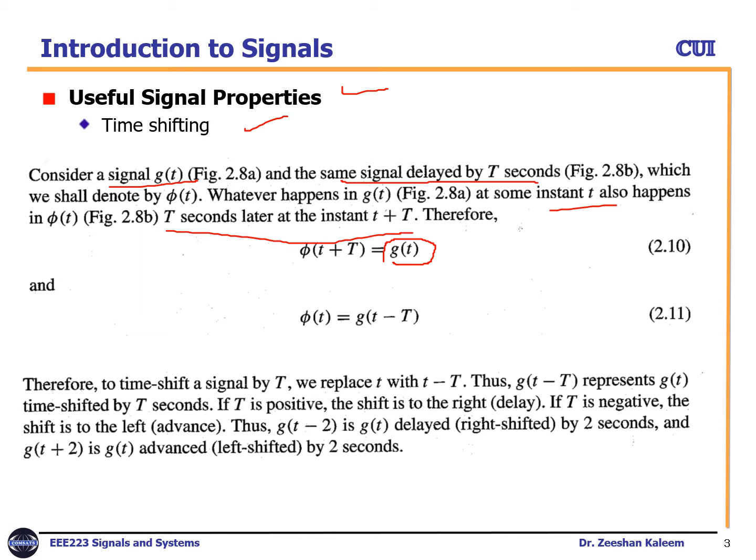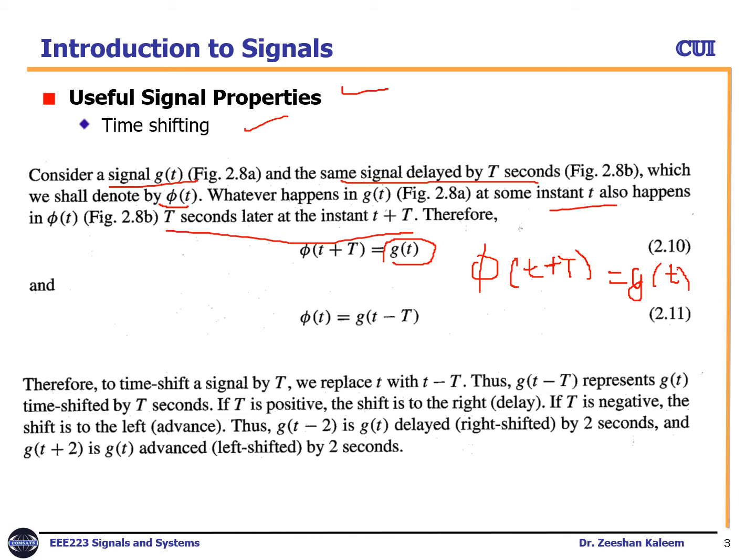At time instant t plus T. So it means that if we have g(t) with a delay of T seconds, and we represent that delayed signal by phi(t), then phi(t plus T) equals g(t).